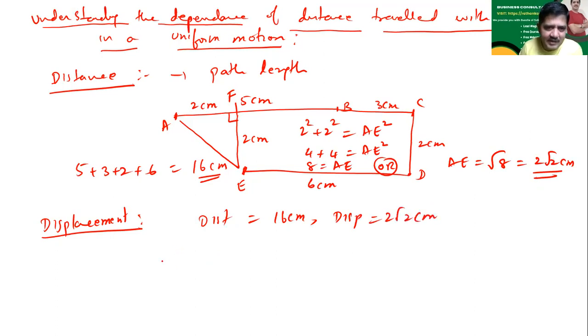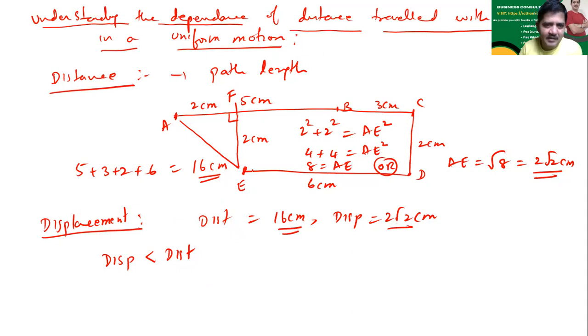Now, can we also say that displacement here is less than distance? Of course, definitely it is less than distance. But what do we infer from here? Let us say a person starts walking from point A to point E. I have not given you any of these details, but I say the distance of the path traveled by him is 16 centimeter, while the displacement is 2 root 2 centimeter. What do you understand from that?